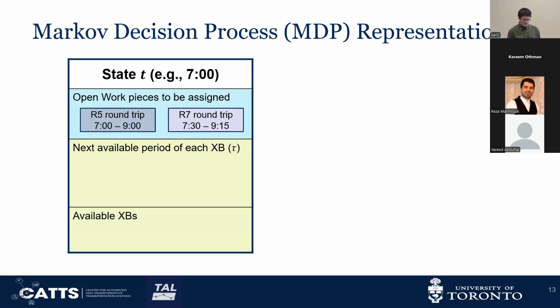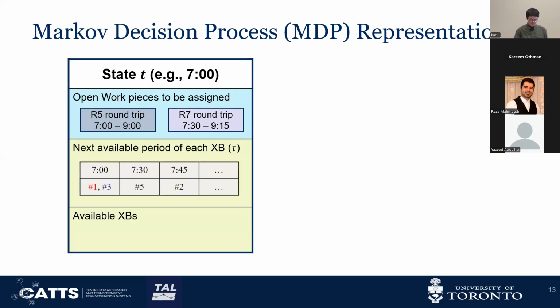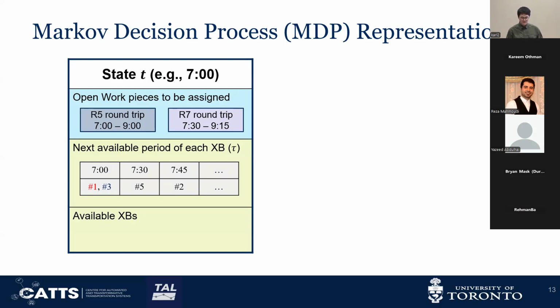And for the supply side of extra board drivers, we capture their state by this tau variable. So this shows the next period when each extra board will become available. So whether that's the next period when each driver comes back from their current work, or for drivers that haven't reported yet, that is their report time when they do show up.